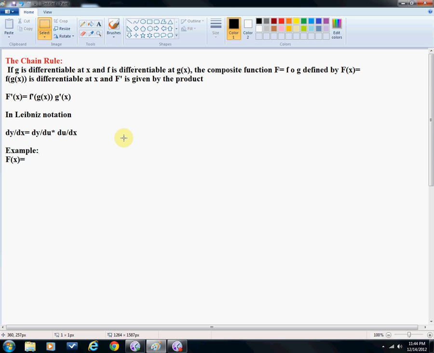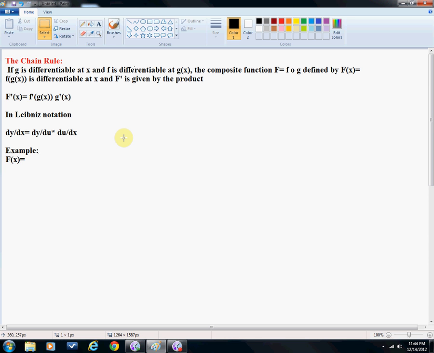If g is differentiable at x and f is differentiable at g of x, the composite function capital F equals f composed with g, defined by capital F of x equals f of g of x, is differentiable at x, and capital F prime is given by the product: capital F prime of x equals f prime of g of x times g prime of x.